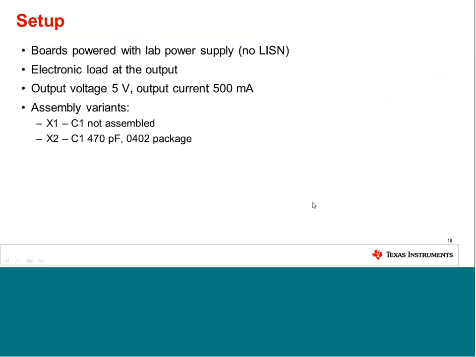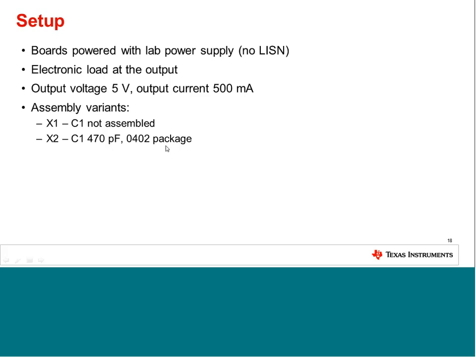There are different variants used in this test. The X1 or the one variant of the layout, so A1, B1, and so on, is with the C1 not assembled, and the 2 version is with C1 using a 470 picofarad with a 0402 package.